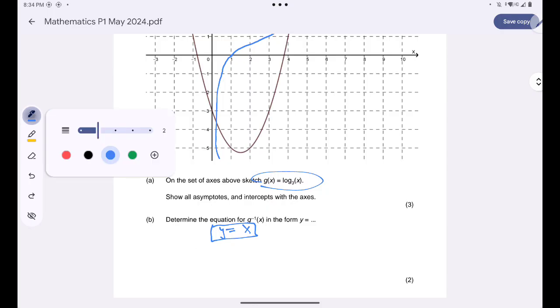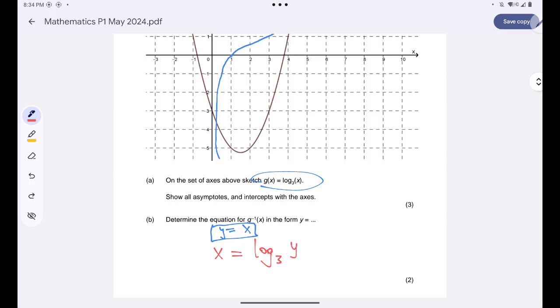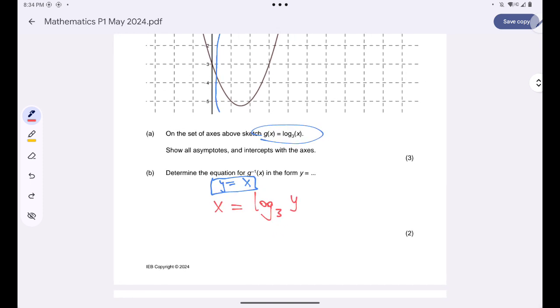So whenever I see y, I substitute an x, and whenever I see x, I substitute a y. But for a function, it must be defined by y is equal to something, so I just solve for this logarithm. I'll simply have 3 to the power x is equal to y. Therefore the inverse of g is y is equal to 3 to the power x.